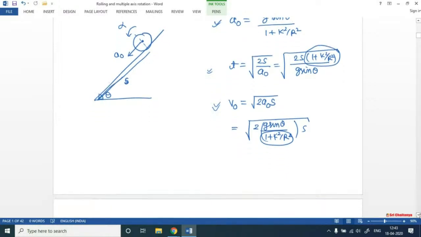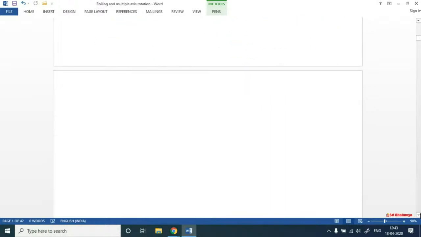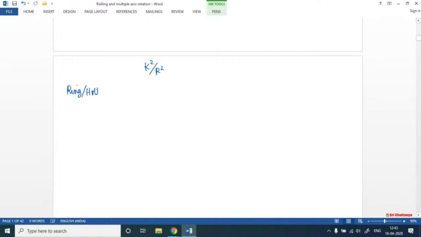So generally, a very simple question: let's say there are different kinds of round bodies, and the value of k square by r square we can have. For example, we have a ring or hollow cylinder. Let's draw a table.